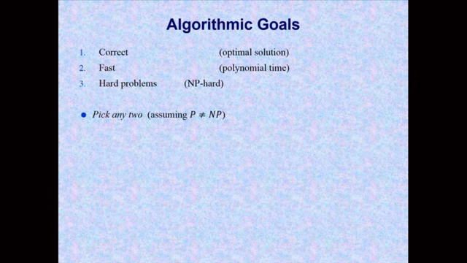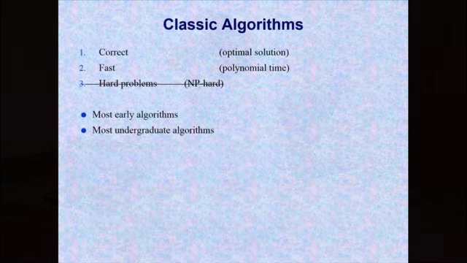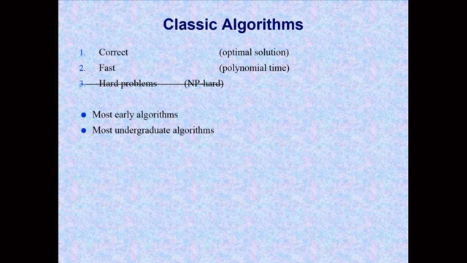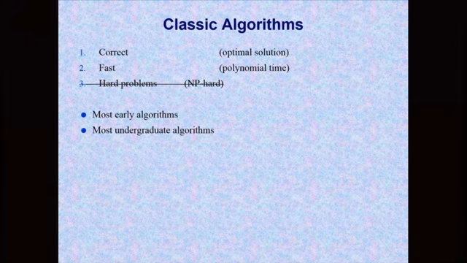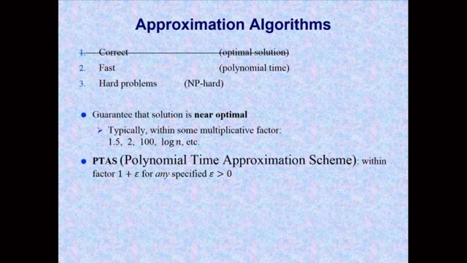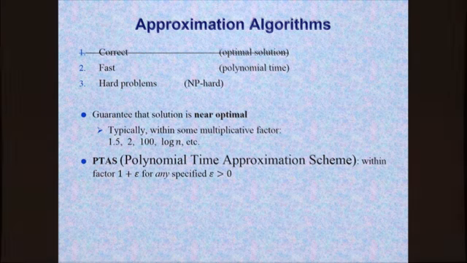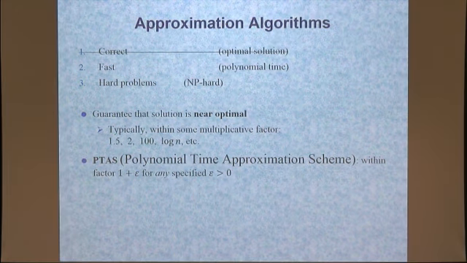Unfortunately, so far we cannot get all of them at the same time, so we need to get any 2 of them. Namely, if you cross out the hard problem, then it would be undergrad courses essentially, so we don't want to do that. So we cross out the correctness: we don't get the optimal solution, but still we want to be near optimal.